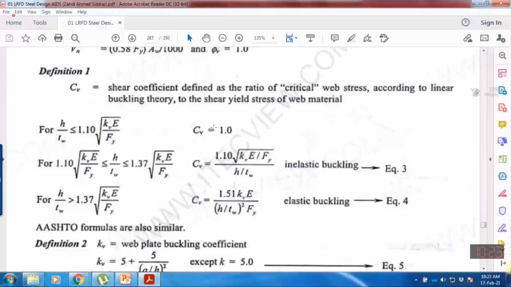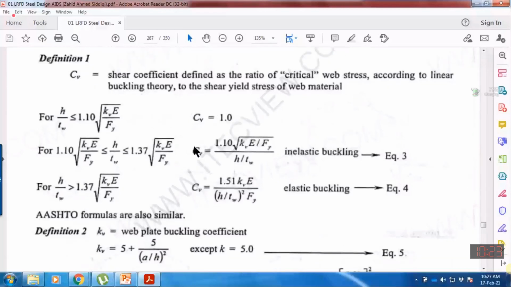So if we know the CV value, let's suppose I use equation 4. Since I have determined CV from this equation, the only unknown is KV. By solving this equation, because I know the CV value, I know 1.51, and I know the E value, the height of the web over the thickness of the web is also given, and Fy is also given. So I can determine KV.